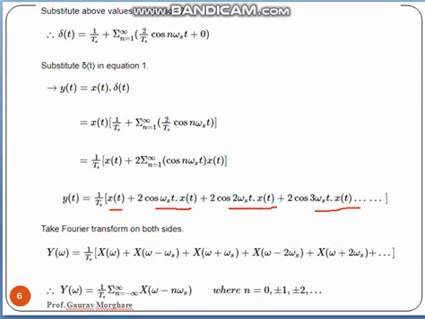If we see the property of the Fourier transform, when any signal is multiplied with cos(omega t), its spectrum is shifted to the left-hand side and the right-hand side. So for the term twice of omega_s t into x(t), the resultant will be these two terms. This energy is shifted to minus omega_s and plus omega_s. Similarly for twice omega_s, these are the two terms for that.